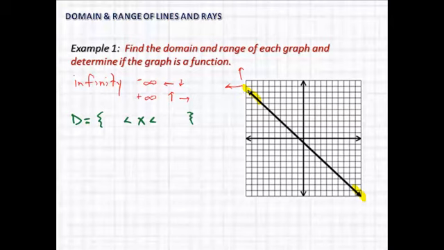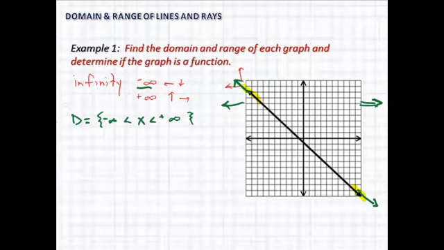Now notice, since this goes forever that way and forever that way, that means it's going to go forever left and forever right. So there are no left and right boundaries. So what we say about this, if it goes forever to the left, there's not a boundary, we're going to use negative infinity. It goes forever to the right, we're going to use positive infinity.